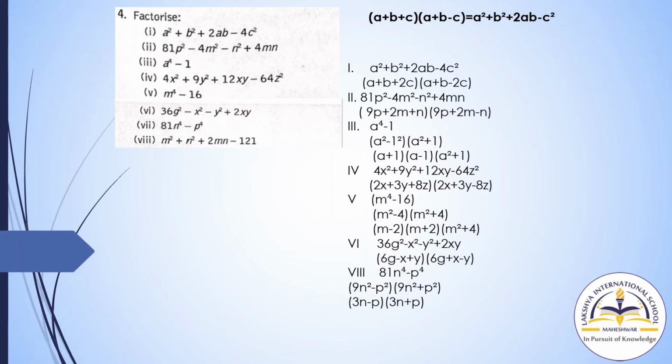Now question number 7, 81n to the power 4 minus p to the power 4.